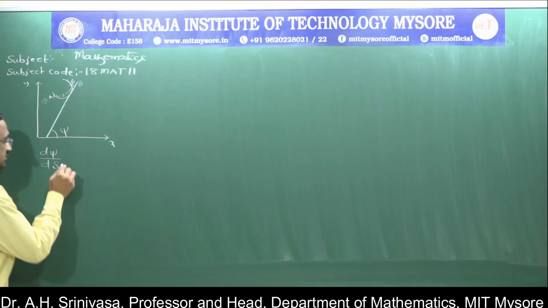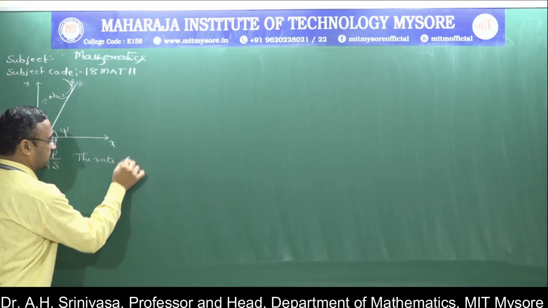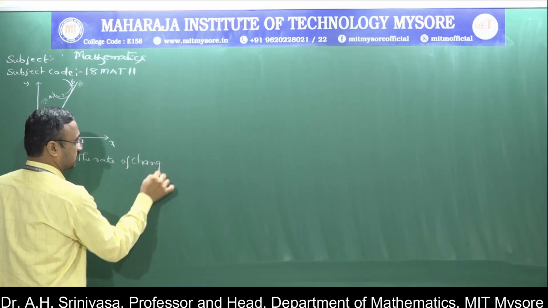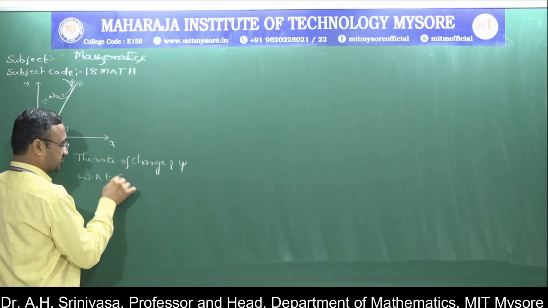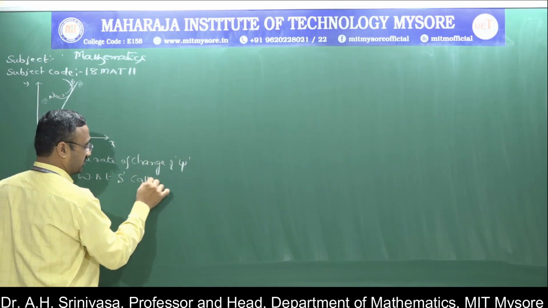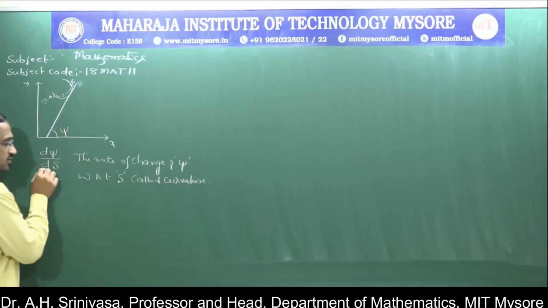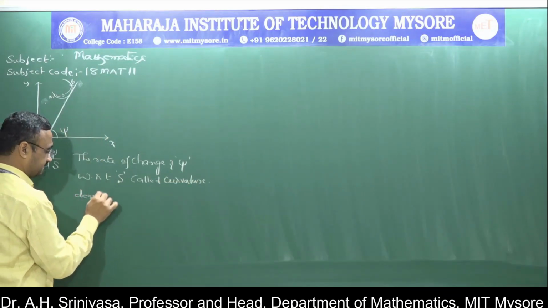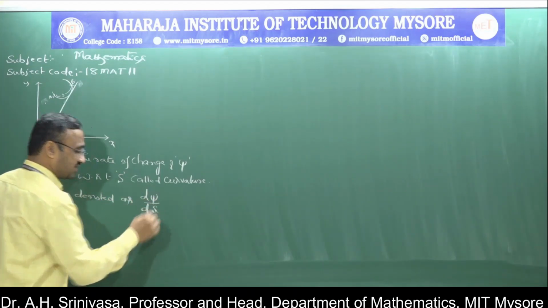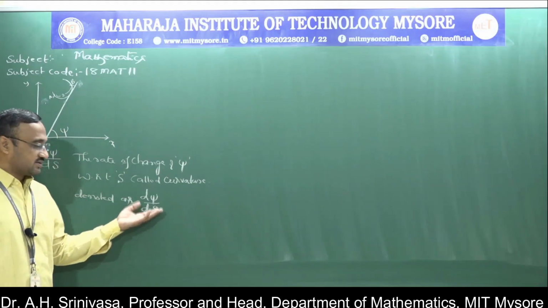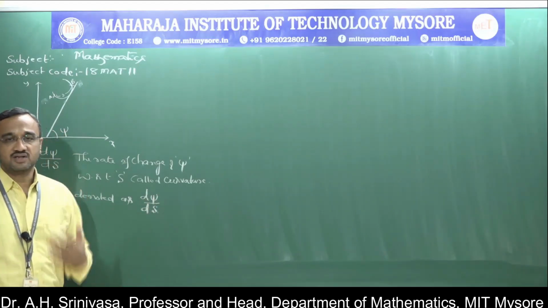This is called curvature, the rate of change of psi with respect to S. So usually it is denoted like this, as a derivative. The rate of change means with respect to time. So the angle changing with respect to S is called curvature.